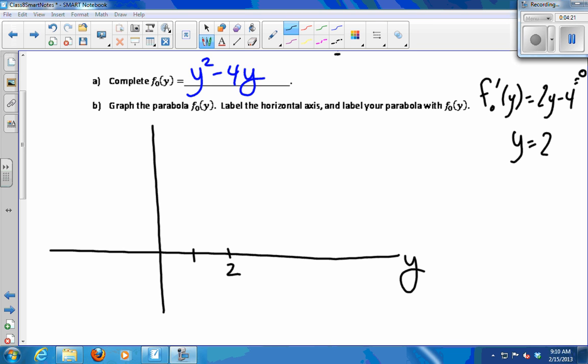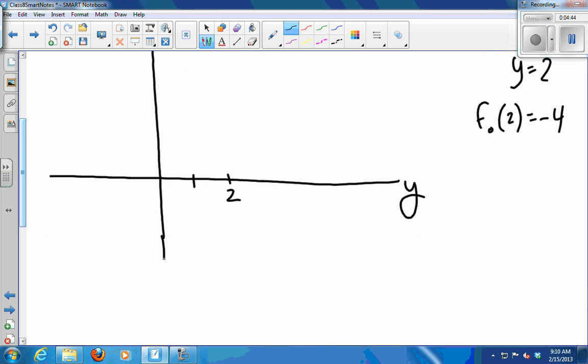Set the derivative equal to 0. That's how you find where the minimum occurs. How do you know what the minimum value actually is? Plug it back in. Yes, if I take a 2 and plug it in here, 2 squared is 4. 4 minus 4 times 2 is negative 4. So (2, negative 4) is the minimum for this function.